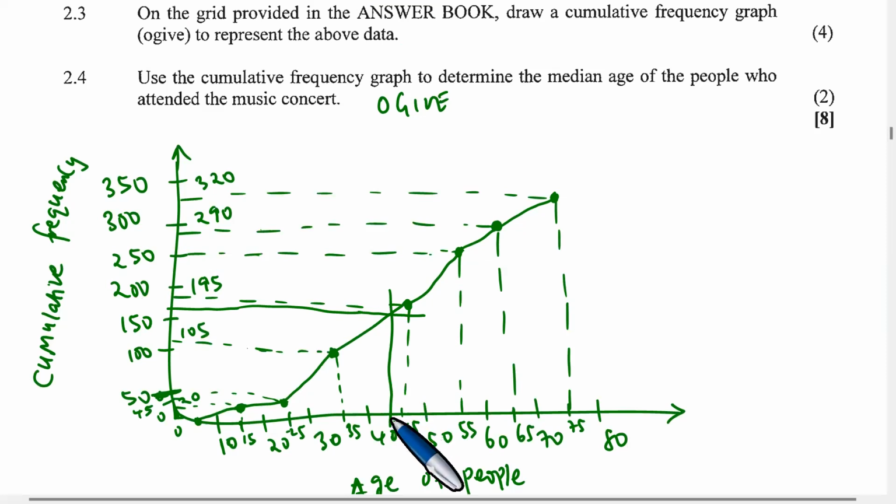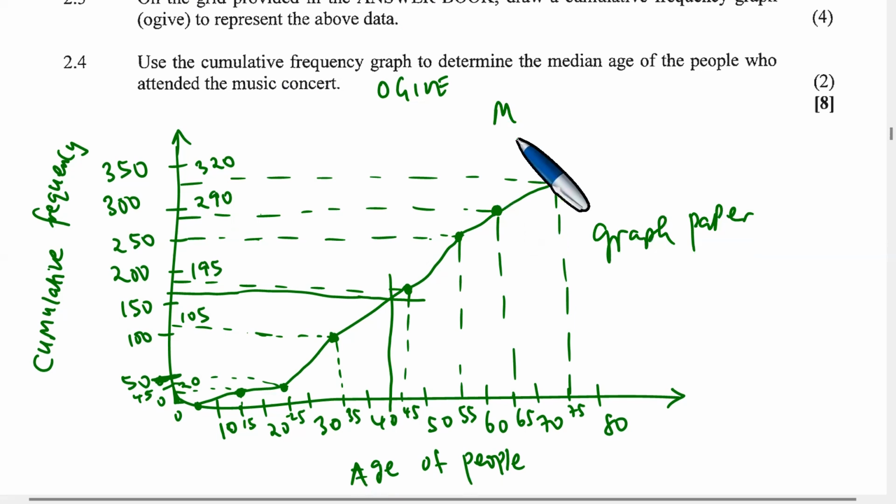Obviously using graph paper, this is not to scale, but you see that the median age is equal to 41, just above 40.